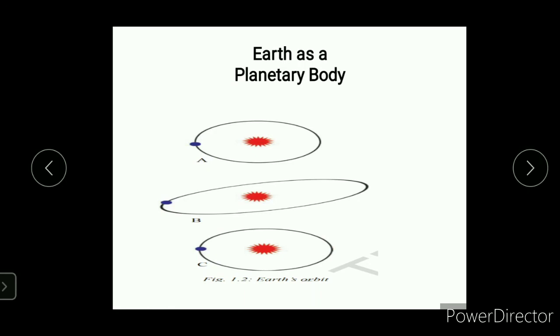So actually, what is the shape of the earth's orbit? If the earth's orbit is a circular path, my dear students, then we would get only one season, either rainy season or summer season or winter season.